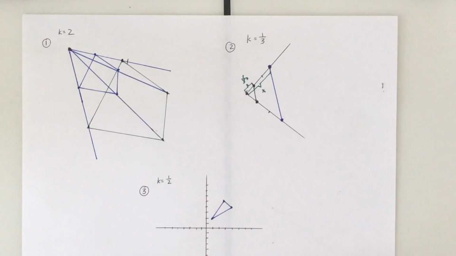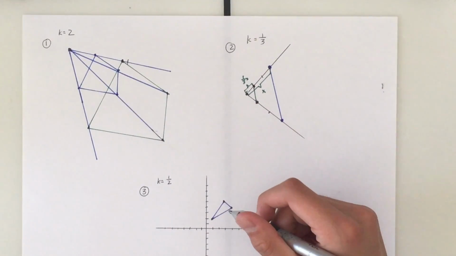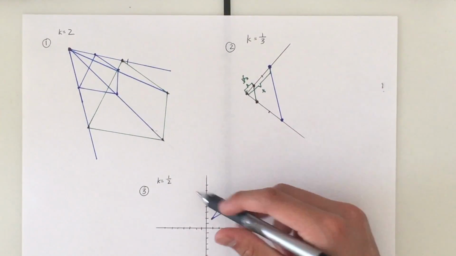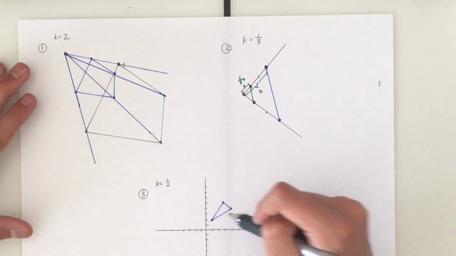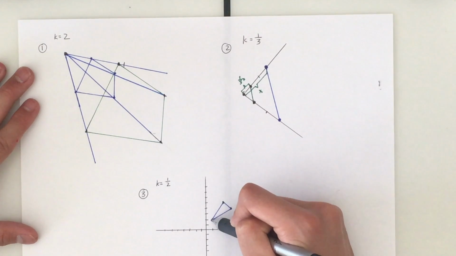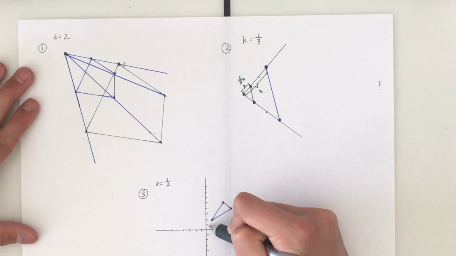Now let's go on to a coordinate plane. Coordinate plane is pretty easy. We just need to multiply the x and y coordinates by the scale factor. The scale factor is 1/2. The first point is (1, 2). Half of that would be (0.5, 1).